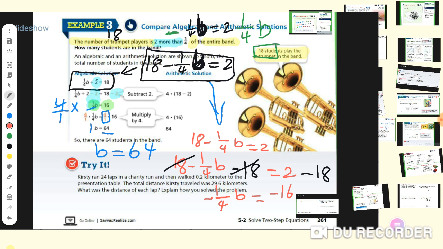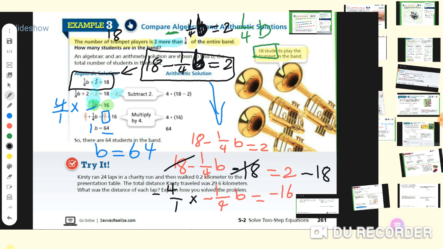Okay, I need to finish this number. I will multiply with what? The multiplicative inverse. The multiplicative inverse of negative 1 over 4 is what? Multiply by negative 4 over 1. Yes?